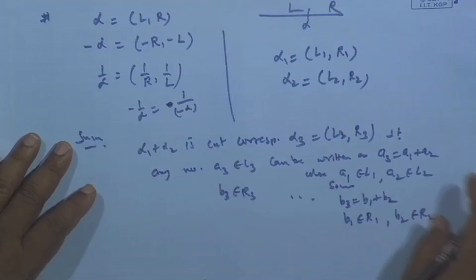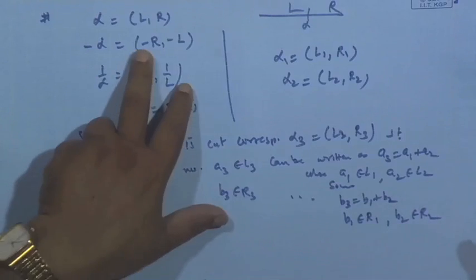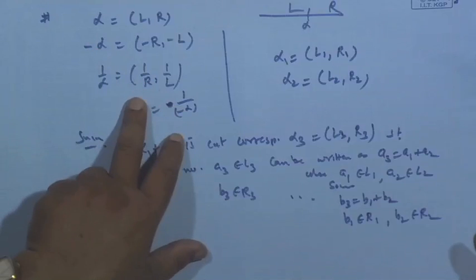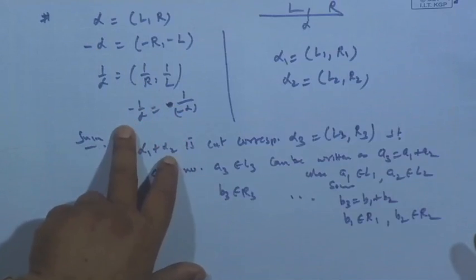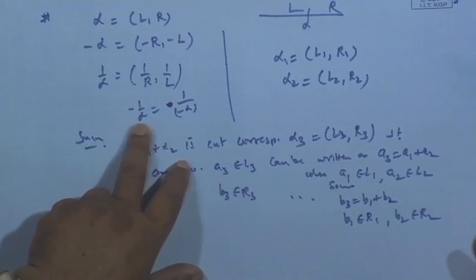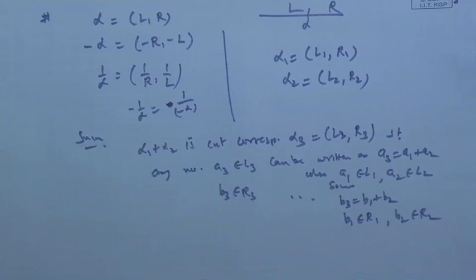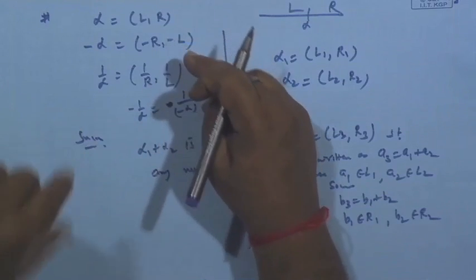Sir, in upper case, minus 1 by alpha is equal to 1 divided by minus alpha? This one? Minus 1 by alpha is equal to 1 divided by minus alpha. So, to get minus alpha, we take this one, then reverse it.